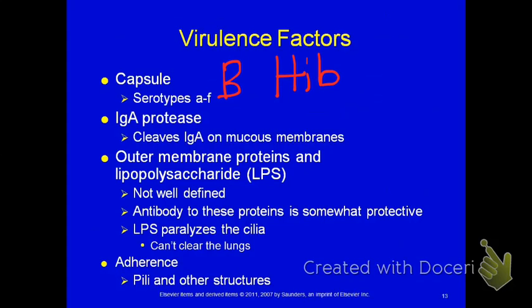As you know, cilia propel mucus in the lungs, so you can't clear the lungs if you paralyze the cilia. And then the adherence factors would include pili and other associated structures. But again, the most important virulence factor would be the capsule. That's the reason why you do not want to have the encapsulated strain of Hemophilus influenzae.